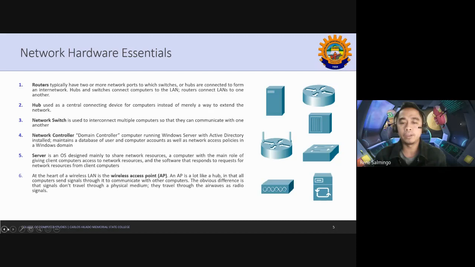An AP is a lite hub in that all computers send signals into it, and it communicates with other computers. The obvious difference is that the signals don't travel through a physical medium. They travel through airwaves using radio signals.